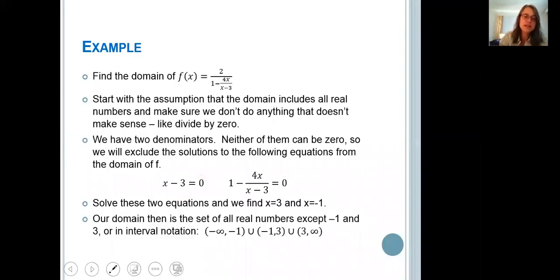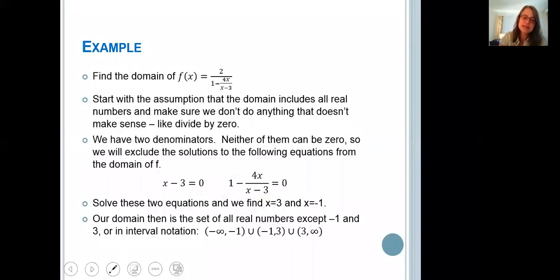To do that, we're going to take our first denominator, x minus 3, and set it equal to 0. Solve that, we see that x equals 3. What that really means is we cannot feed 3 into our function. It really means 3 is an excluded value. Now look at this one.